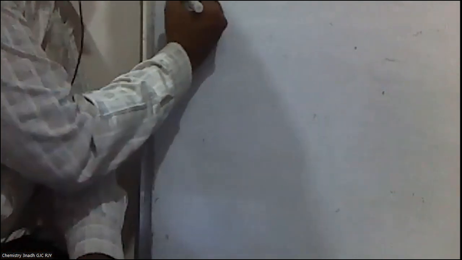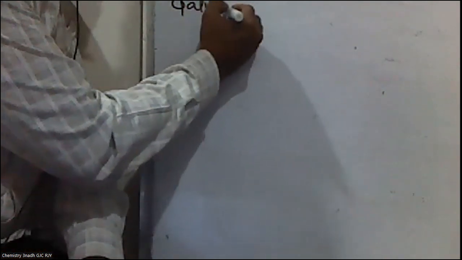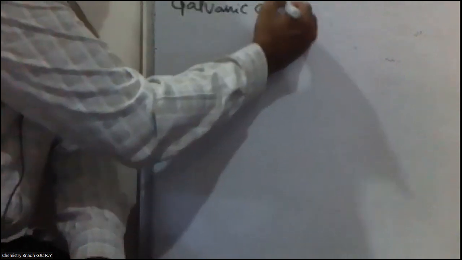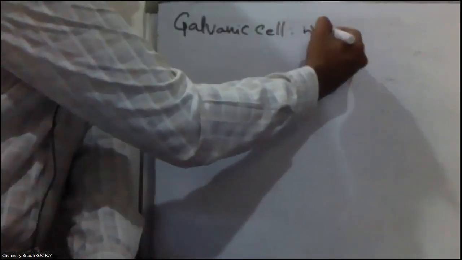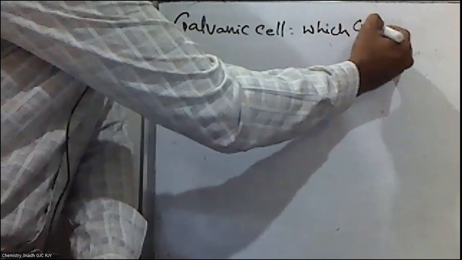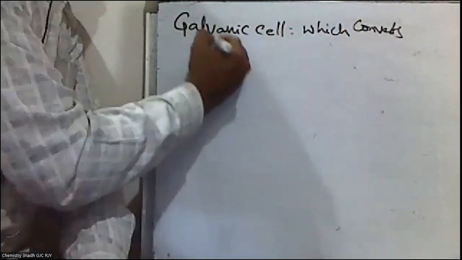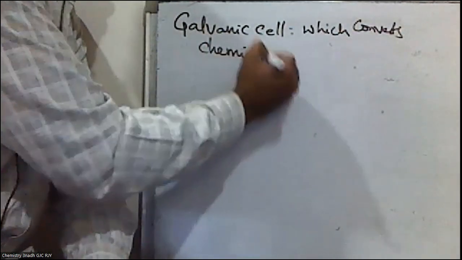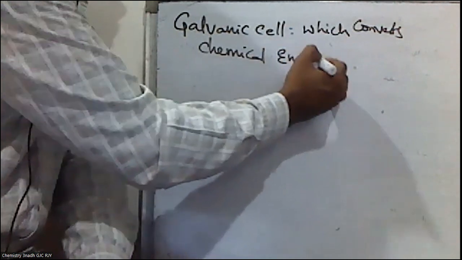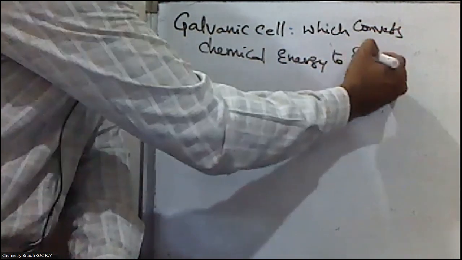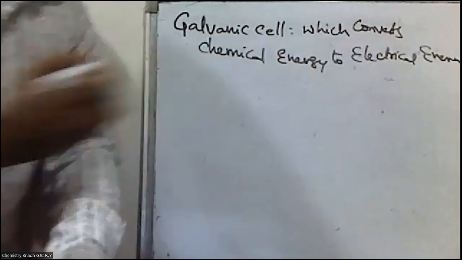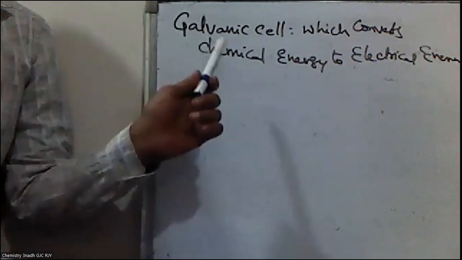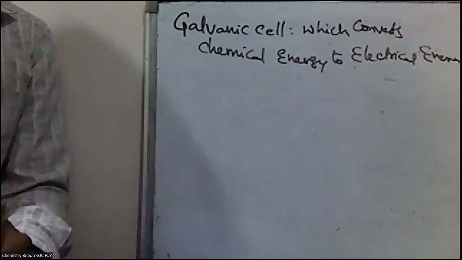We know that a galvanic cell is an electrochemical cell which converts chemical energy to electrical energy.